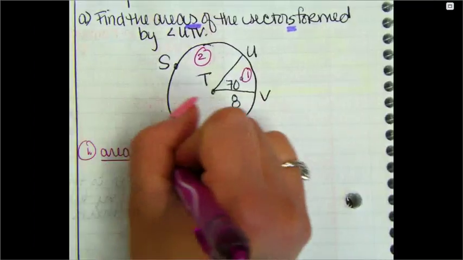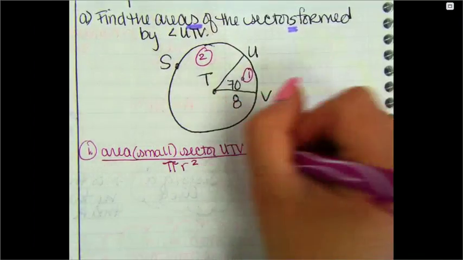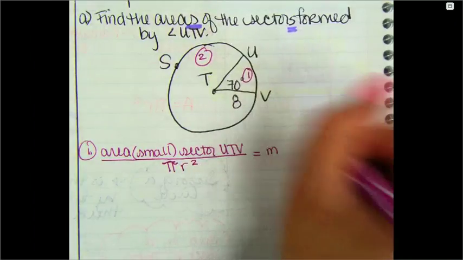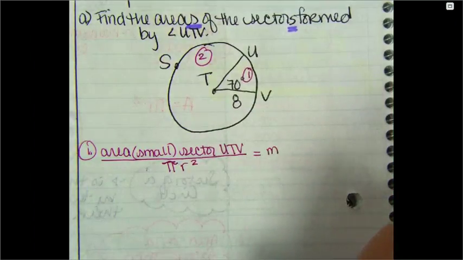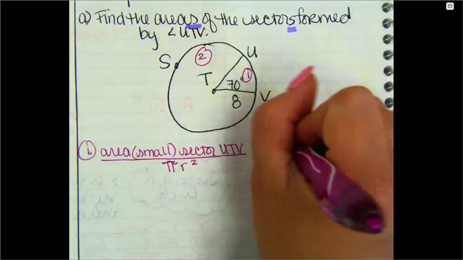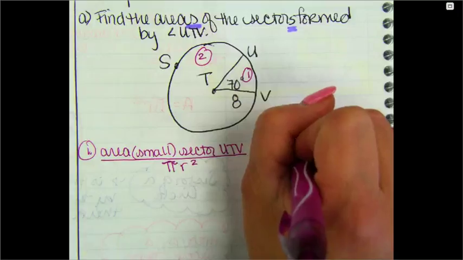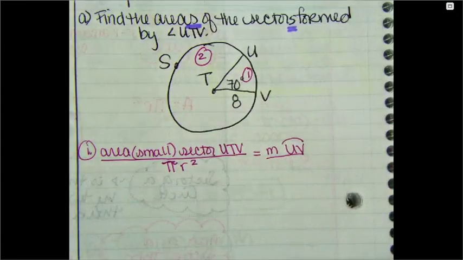UTV over pi r squared. Good. Equals the measure of the arc UV over 360.